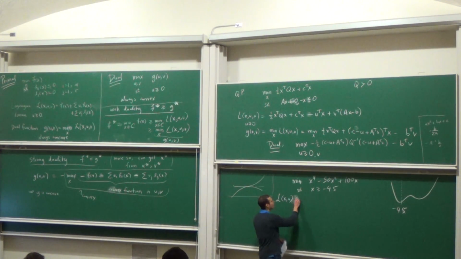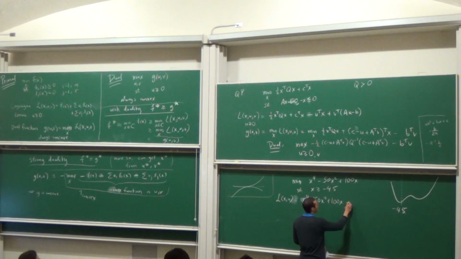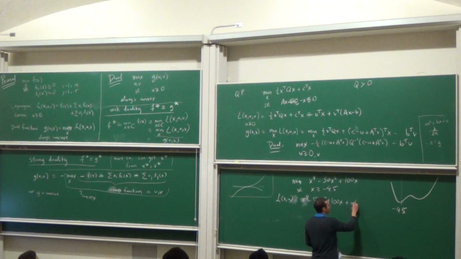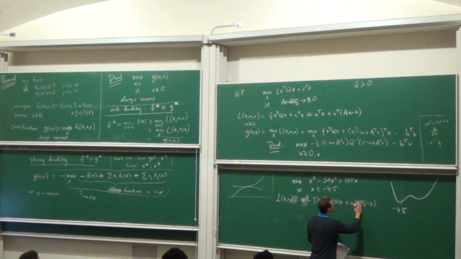The Lagrangian is x to the fourth minus 50 x squared plus 100x, plus u times the constraint.